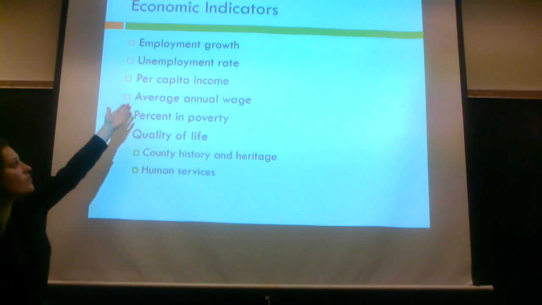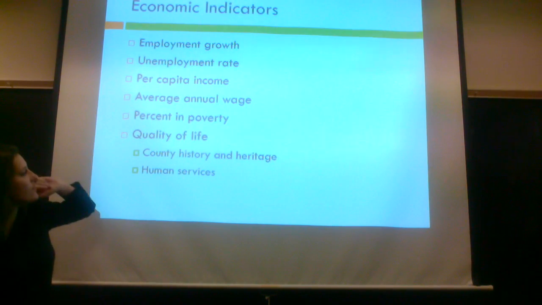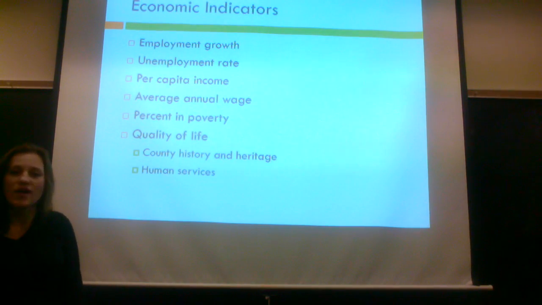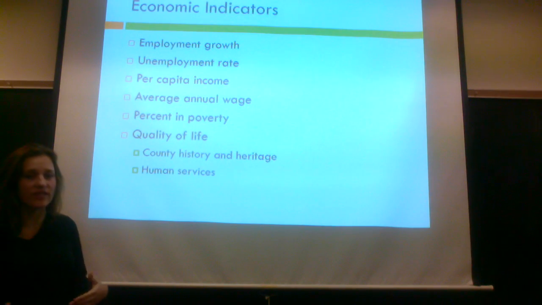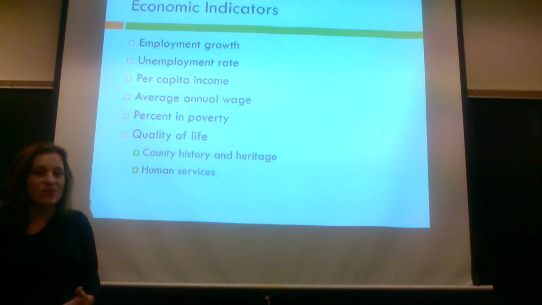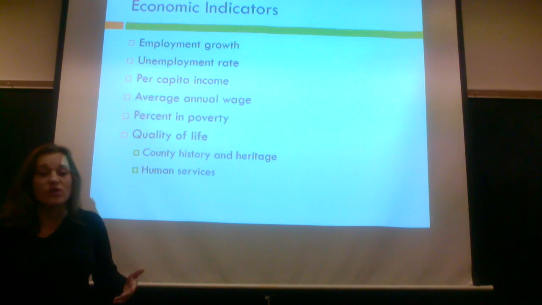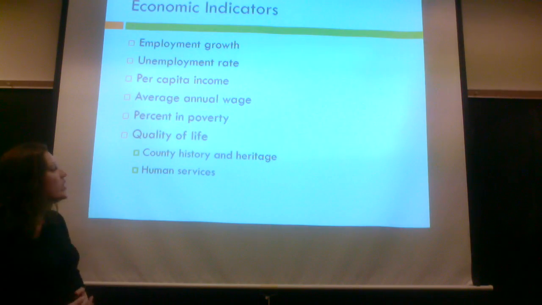We also have unemployment rate, per capita income, percent in poverty. If the county has a very large percentage of people in poverty, then it's probably not a good place to start a business because people don't have the money to just go shopping in your store, for example.